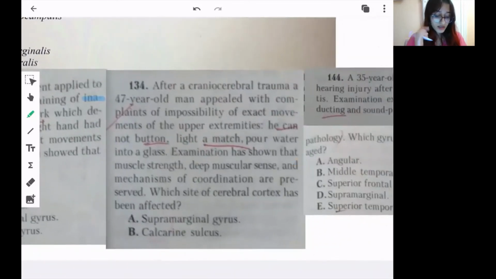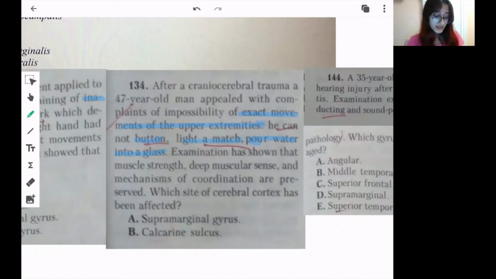So next question, question 134. After craniocerebral trauma, complaints of impossibility of exact movements of the upper limb. He cannot button, which is an everyday task. He cannot light a match, cannot pour water. So they are saying he cannot do these easy tasks with that much accuracy.